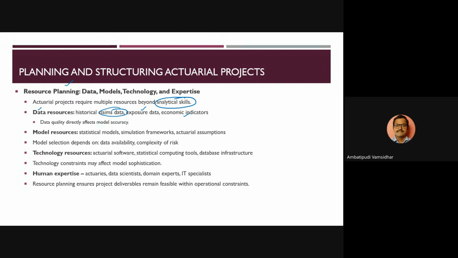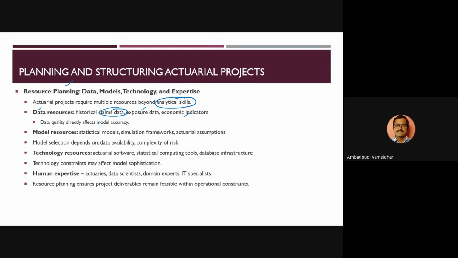Then you should also plan in terms of your technology related resources, whether it is the actuarial software that you would prefer to use, any computing tools that you want to use, the overall infrastructure relating to the databases, etc. And all these technology related constraints may affect the sophistication of the model.